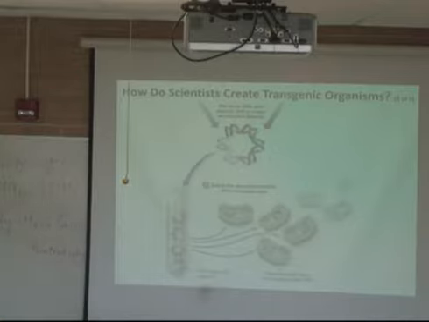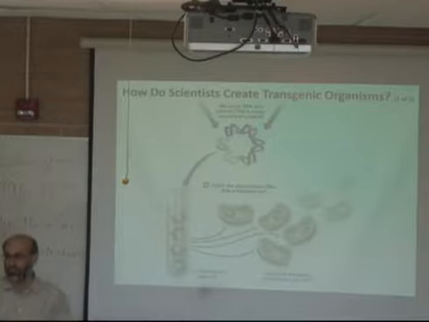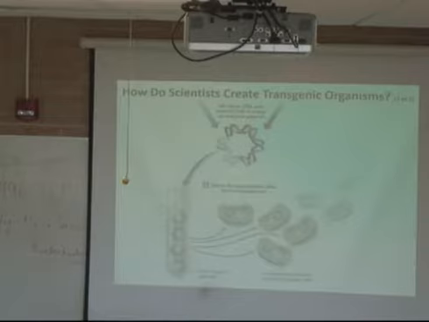So more than 40% of the crops we use nowadays are transgenic because they have some foreign DNA in them. They are either resistant to insects, or resistant to drought, or resistant to weedicide or pesticides, or they just have better quality.